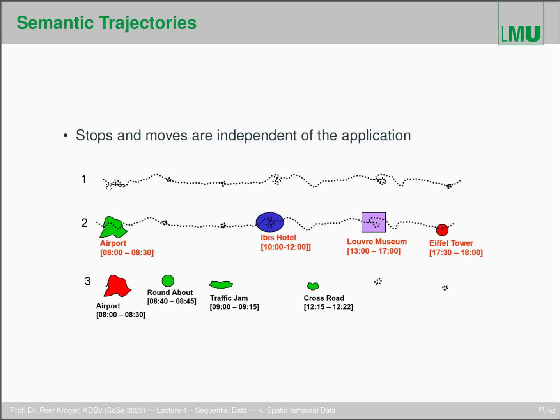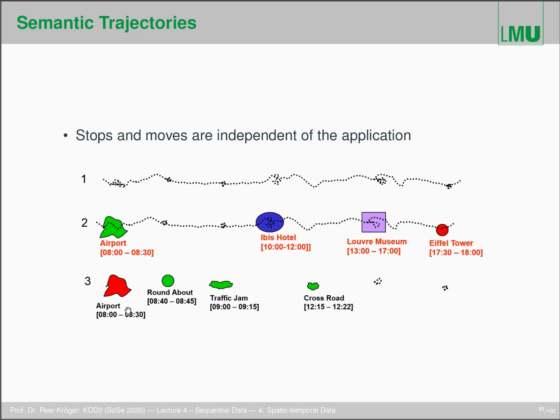So here you see a trajectory, and probably this one here is a stop. This one here is a stop. This maybe, and this one here probably a stop. And if you then have a look at a tourism application, you see here, this is the airport. This is not an important stop for the tourism application, but this one here is a hotel. This is the Louvre. This is the Eiffel Tower, whatever.